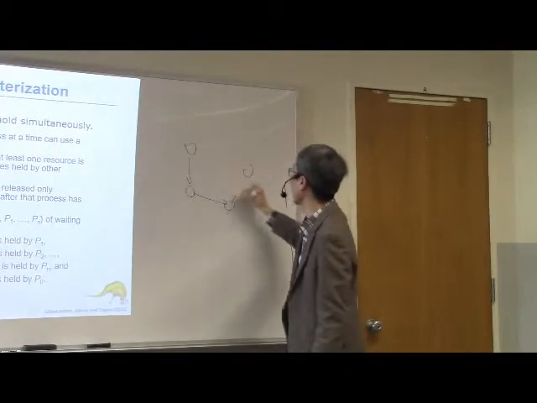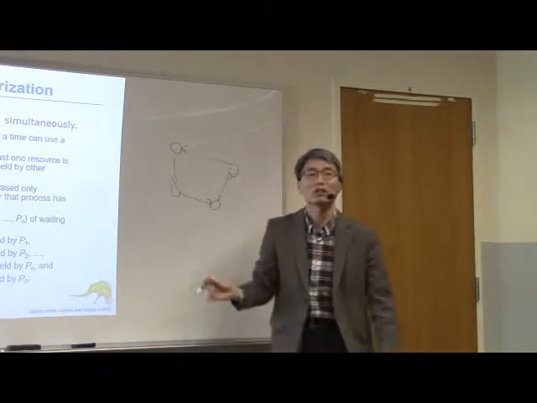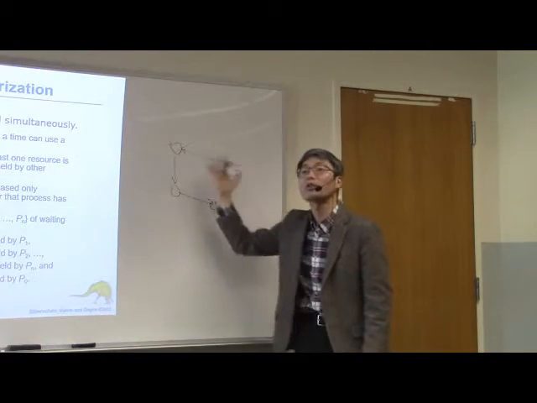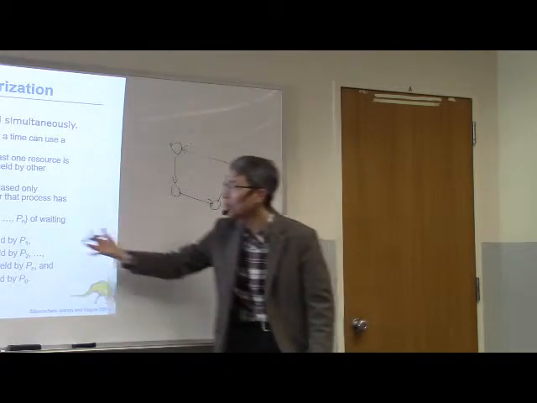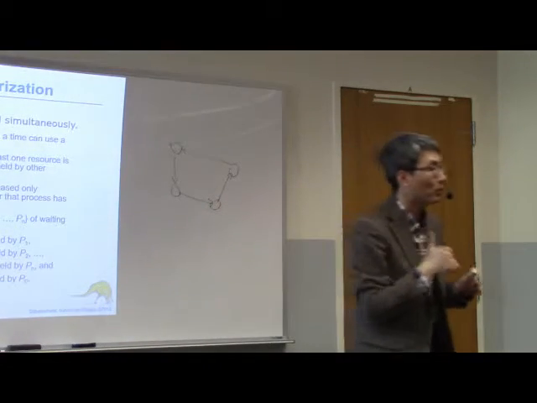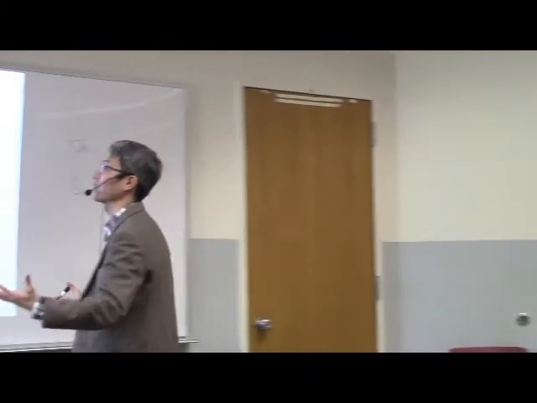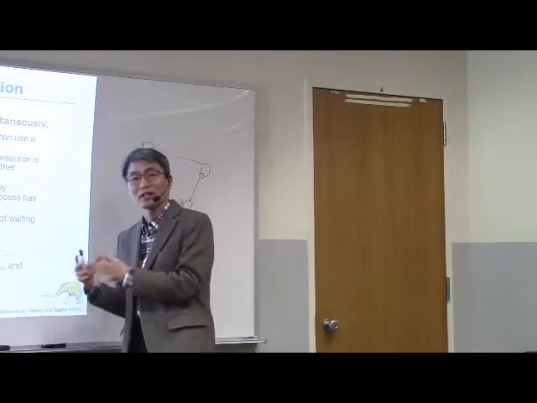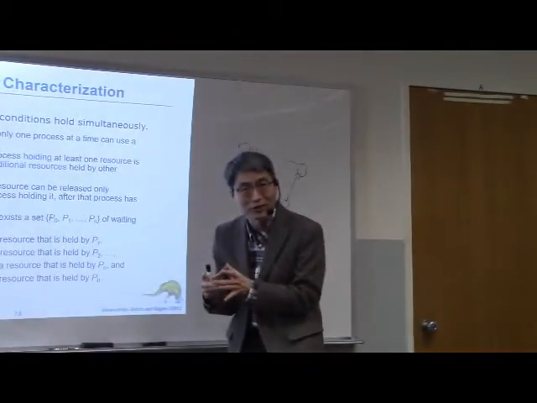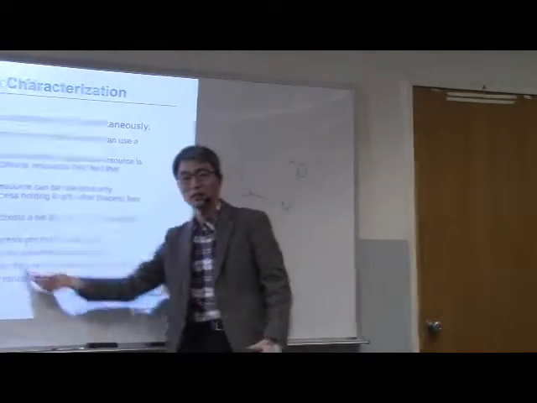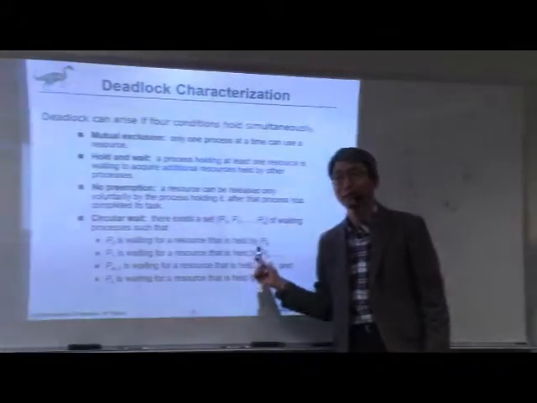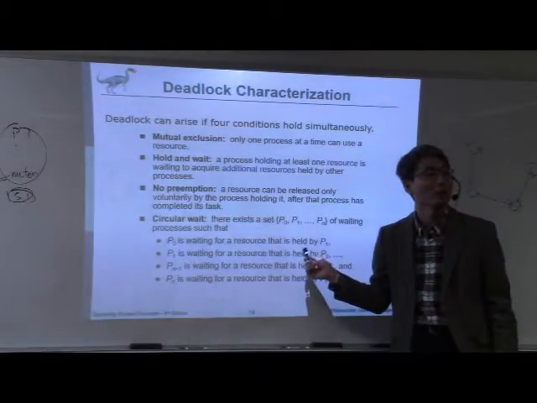They are waiting for each other, and that should be a circular wait. So circular wait is the most important characteristic of the deadlock. When we decide whether the current status of the operating system is deadlocked or not, we can check whether there is a circular wait or not.